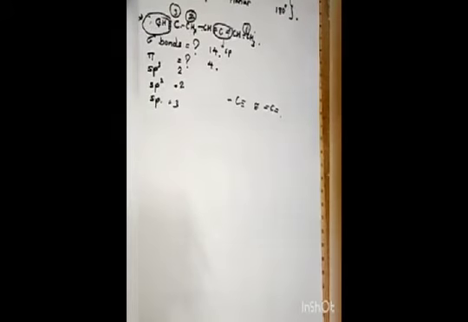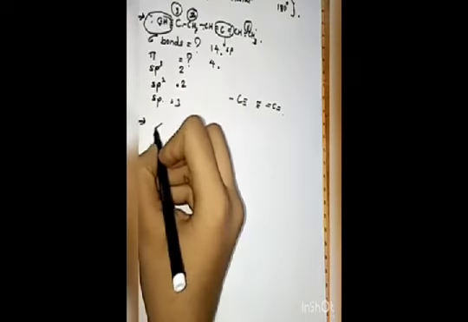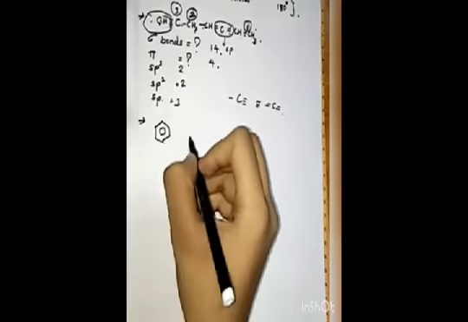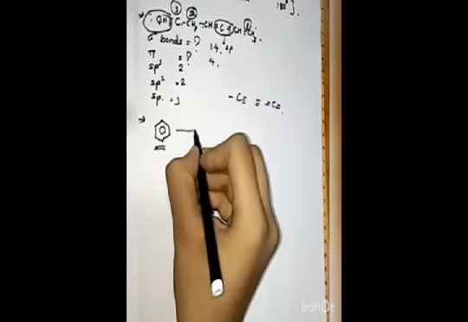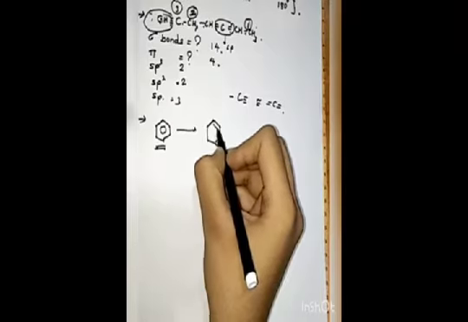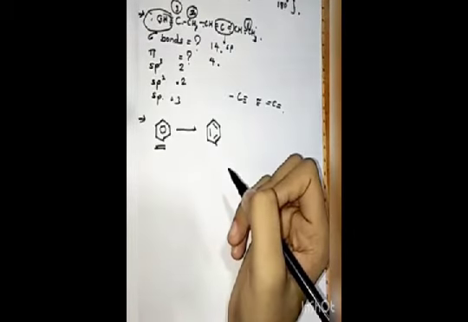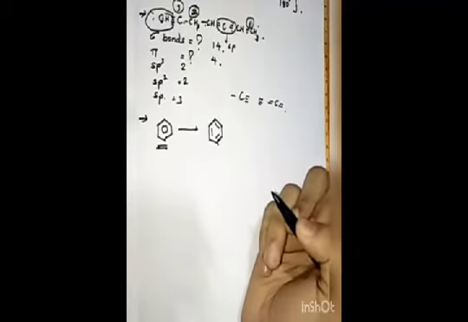Another example for the same problem, we'll be taking the example of a famous molecule, benzene. This is called the resonating structure of benzene. If it is represented like this, now tell me how many pi bonds, how many sigma bonds, how many sp2 and how many sp or sp3 carbons are there.